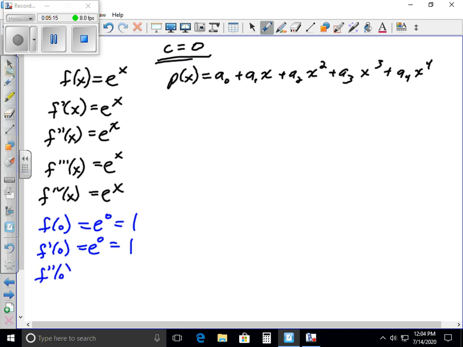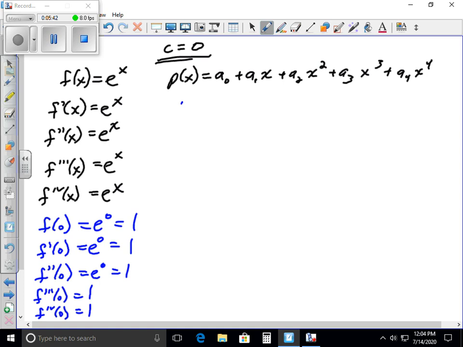When we plug a 0 into our second derivative, we get 1. For our third derivative, we get 1. And for our fourth derivative. Now that's not going to be true with most functions. For most functions, we're going to get different values here. But just to illustrate how this is going to work, we just use a simple function.